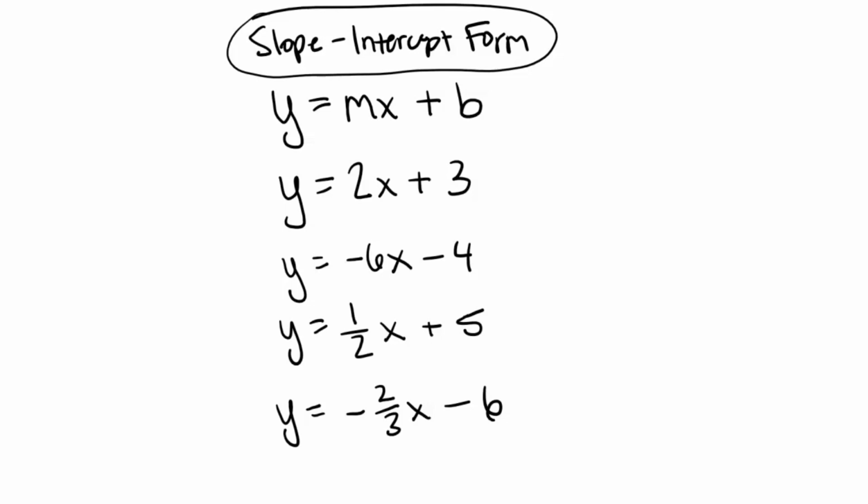If you have an equation that's not in slope-intercept form, I would recommend manipulating it and moving things around so that it does look like slope-intercept form. So for example, if you have something like 2x plus y equals 6x minus 4. So right now, this is not in slope-intercept form.